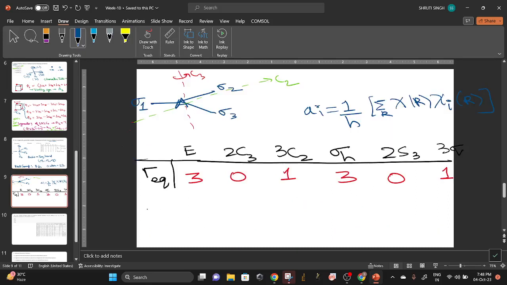The contribution of A1 dash will be 1 upon 12, since the order is 12. This is 0, I am not writing it. This is also 0, I am not writing it. So we will only have 4 terms.